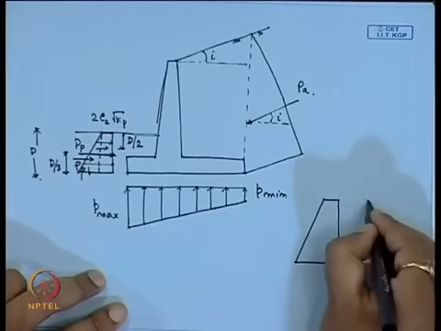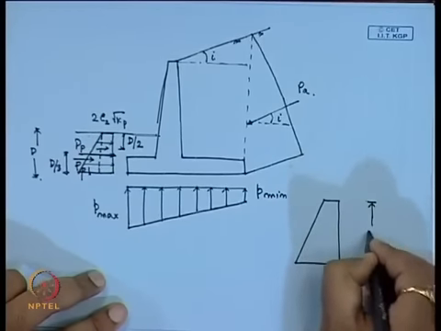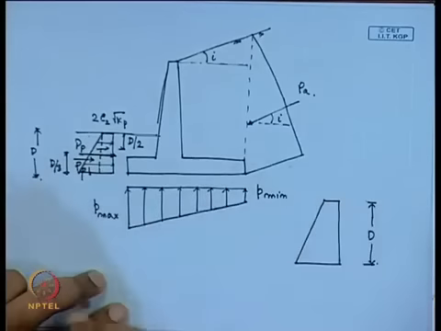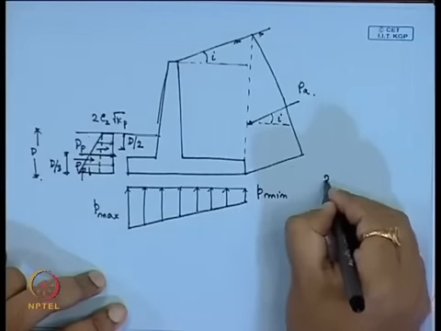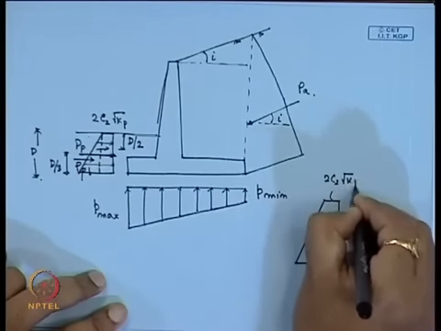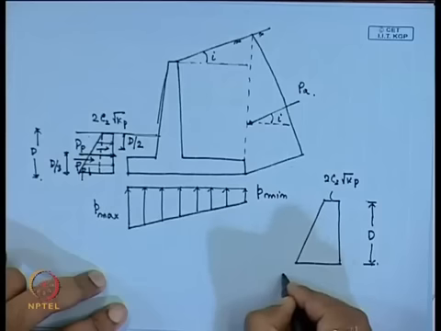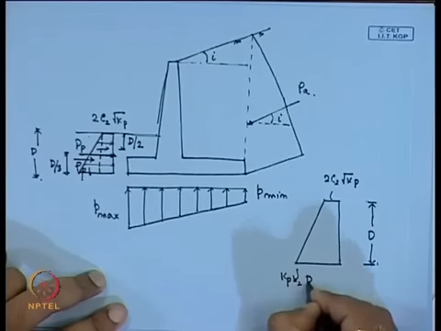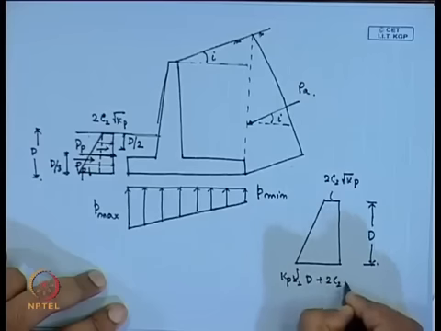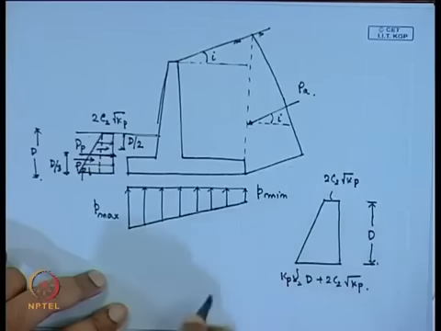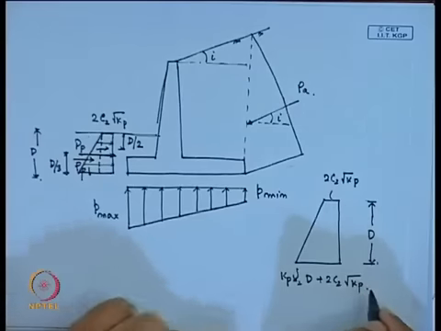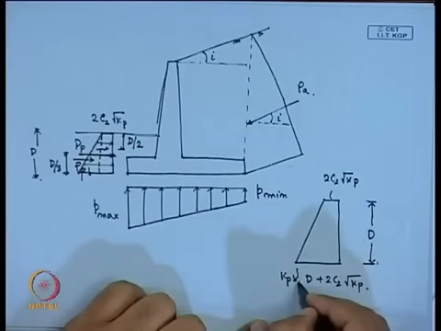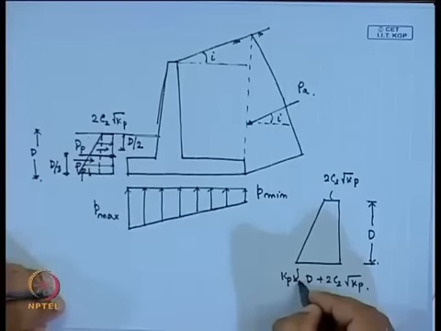So, this is d, the depth of the foundation soil, and then this stress value is 2 C 2 root K P, and this value is K P gamma 2 d plus 2 C 2 root K P, where K P is the coefficient of passive earth pressure and gamma 2 is the unit weight of the base soil.